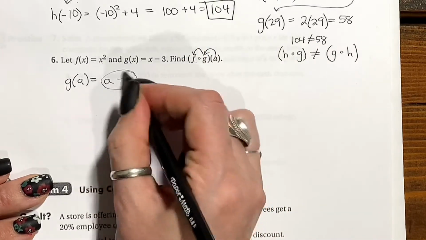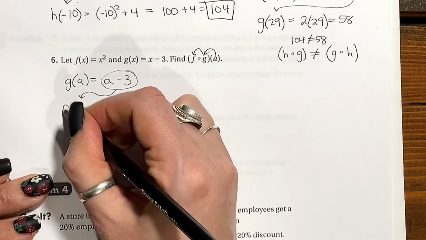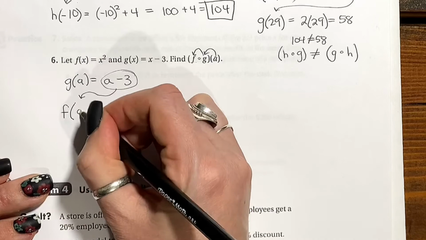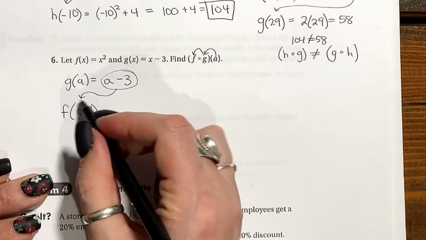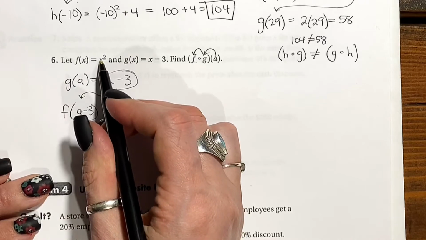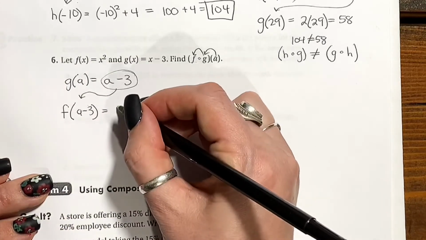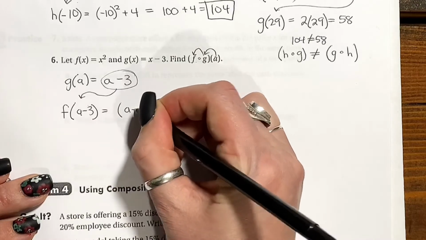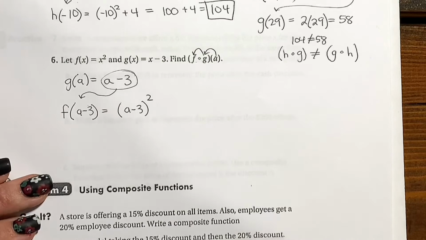This whole thing is now going to plug into f. So I'm going to plug in a minus 3 into my f function. So in that equation, wherever the x is, I'm plugging a minus 3 in. So instead of x squared, I'm replacing x with a minus 3. So I have (a minus 3) squared.